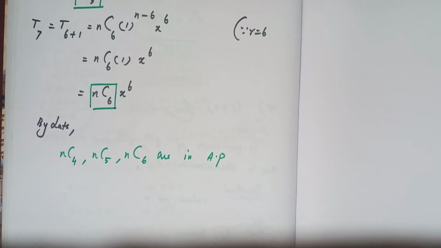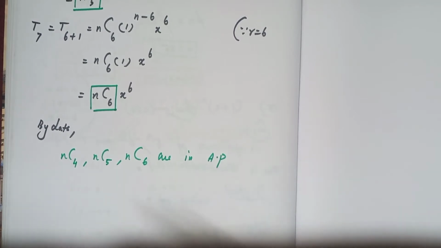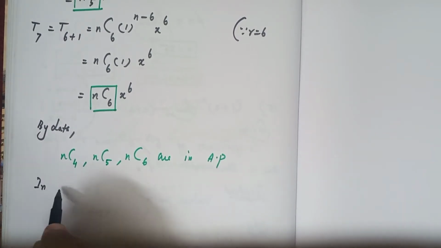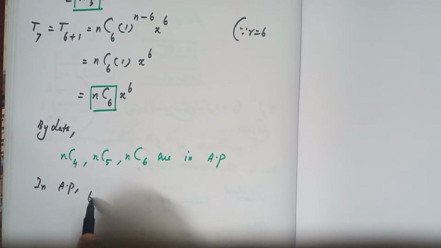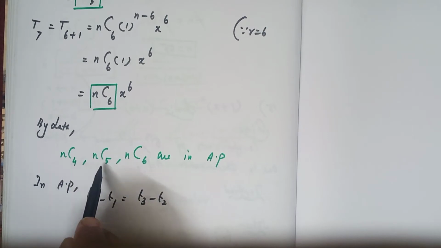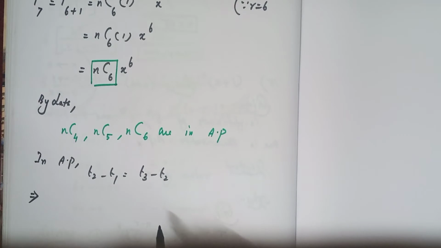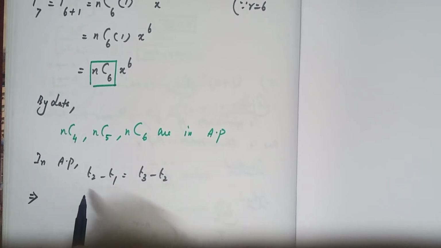We know that in AP, T2 minus T1 is equal to T3 minus T2. This is T1, T2, T3, which implies minus T2 comes left hand side plus T2.